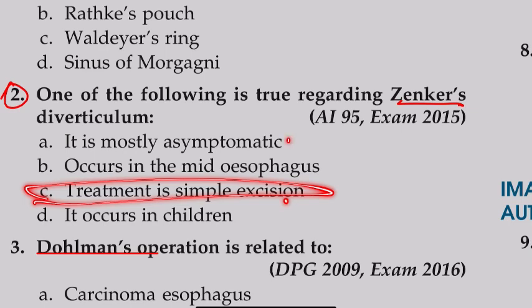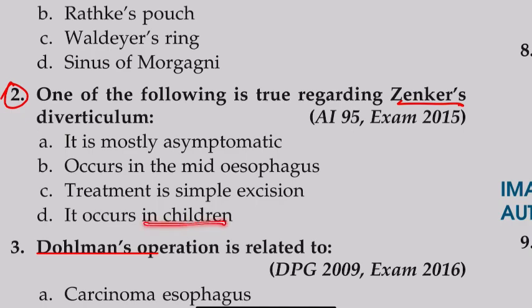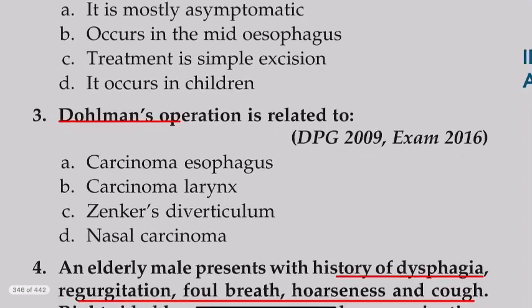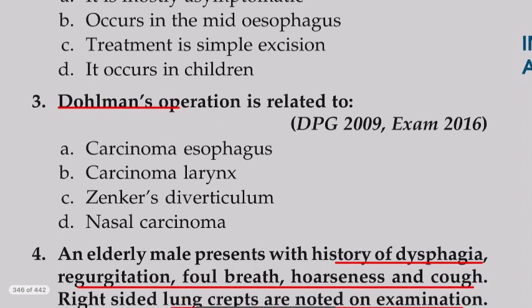Zenker's diverticulum occurs from Killian's dehiscence, a part of hypopharynx above the cricopharyngeal sphincter, so that option is also incorrect. It occurs above 60 years of age, not in children. Dohlman's operation is related to Zenker's diverticulum.